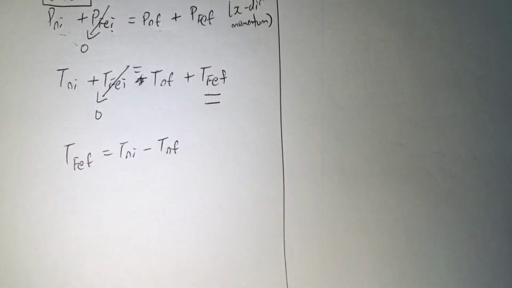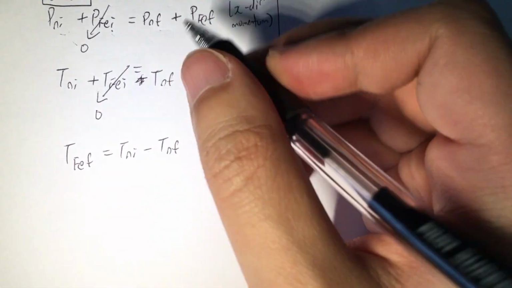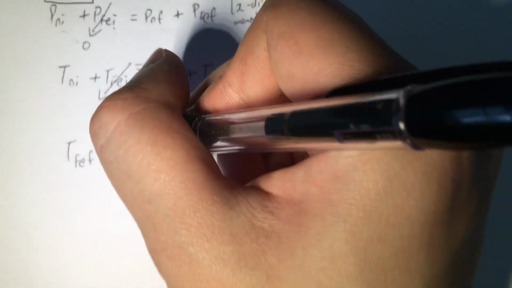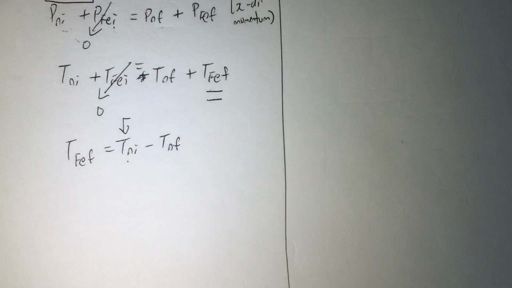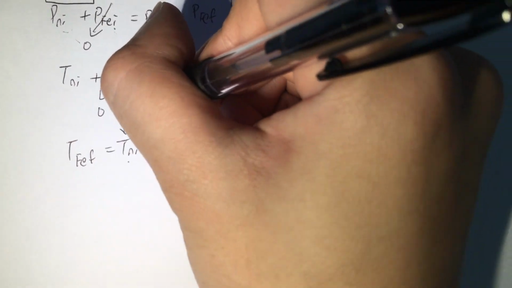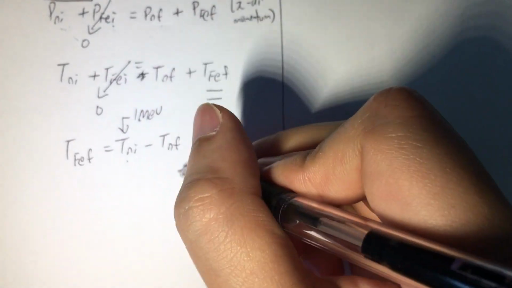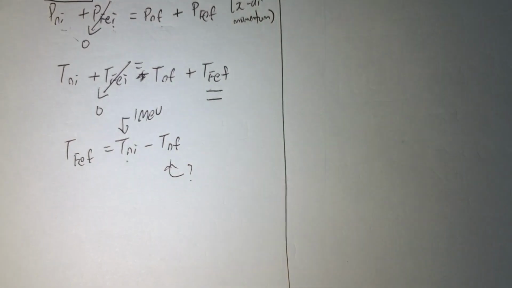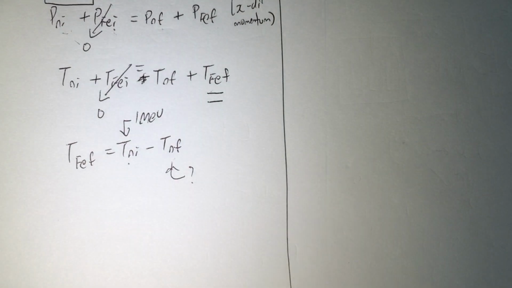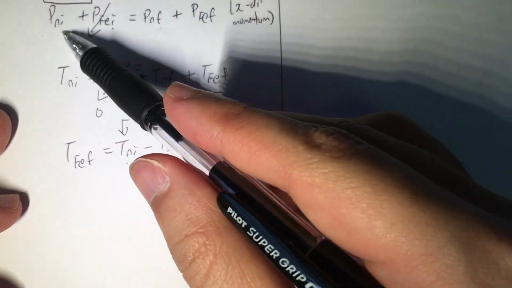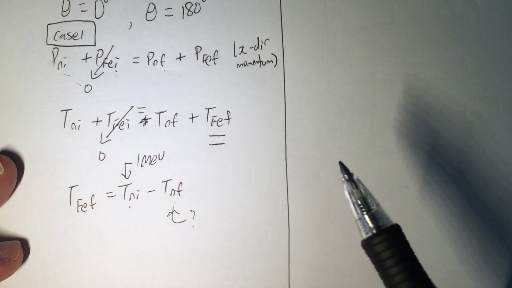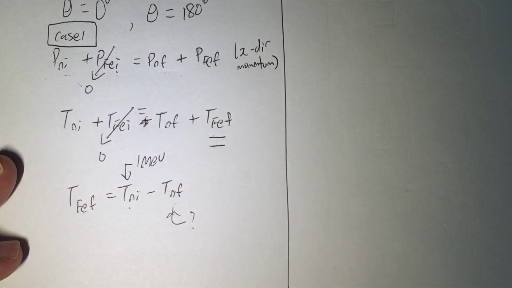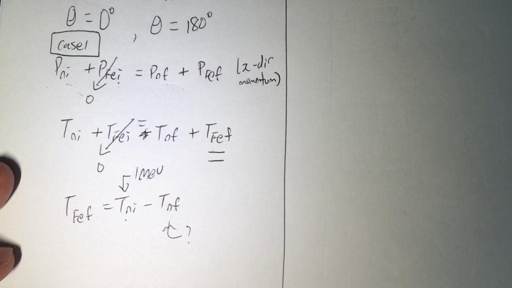Can we substitute terms in? As we said earlier, this is the initial kinetic energy of the neutron, typically 1 MeV. What about the final kinetic energy of the neutron? We want to start substituting some of the momentum balances into this equation.